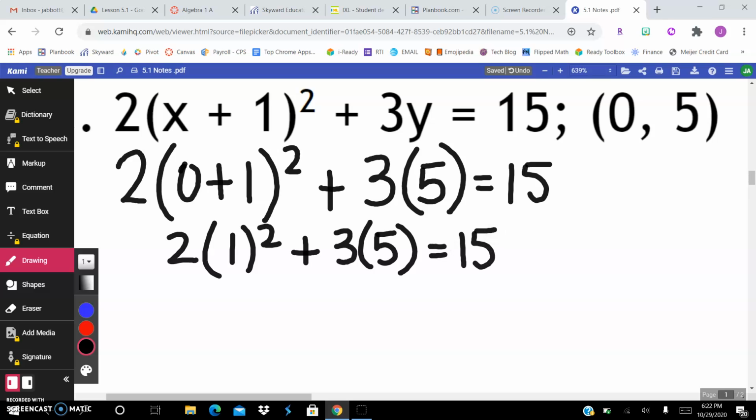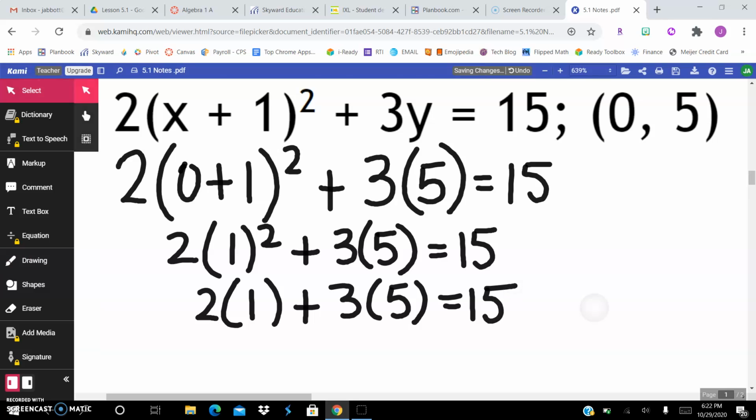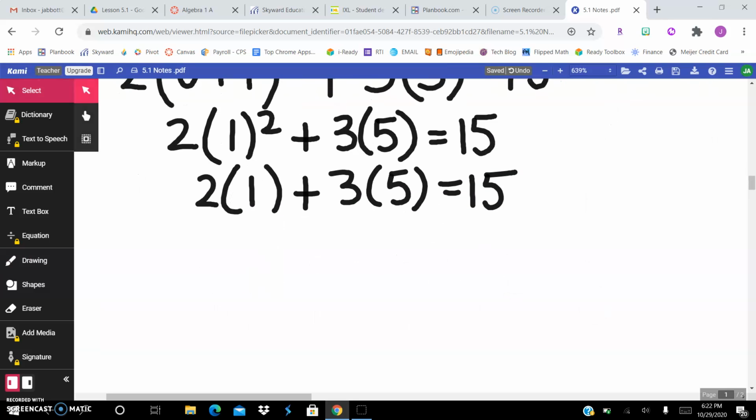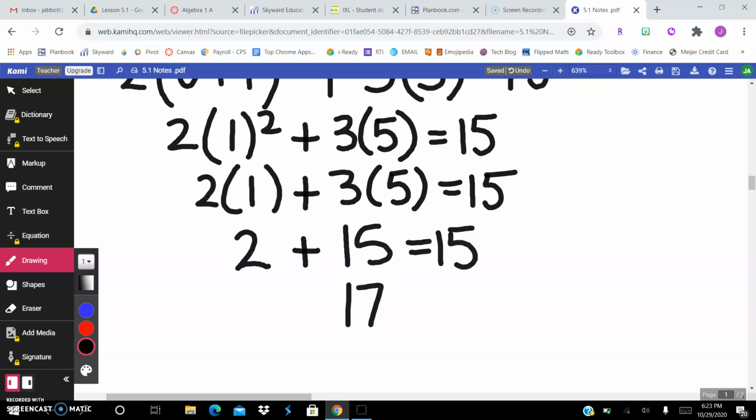Then exponents, 1 squared would be 1. And then we have multiplication and addition left. So we're going to do the multiplication. 2 times 1 is 2. And 3 times 5 is 15. And they're saying 2 plus 15, which is 17, should equal 15. So no, this is not a solution.